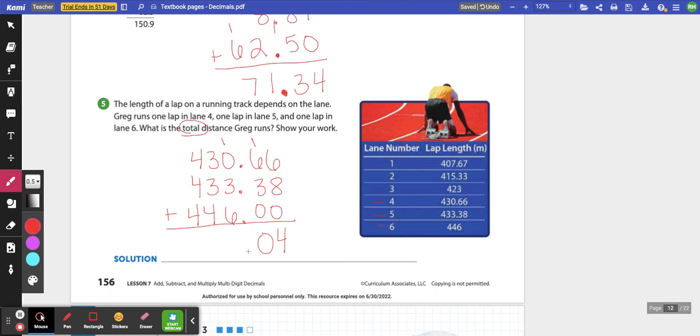My decimal is going to come straight down in my answer. 6 plus 4. 4 plus 7. And 3 times 4 would be 12, plus 1 more is 13. 1,310 and 4 hundredths meters.